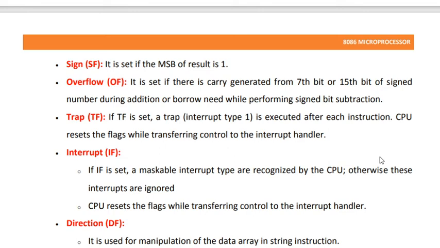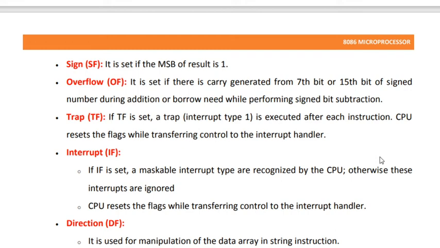Now likewise, let us move on to the control flag. If trap flag is set, then a trap is executed after each instruction. CPU will reset the flag while transferring control to the interrupt handler. Likewise, interrupt flag.